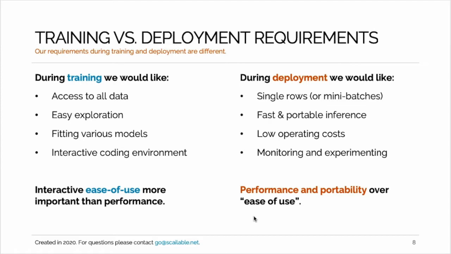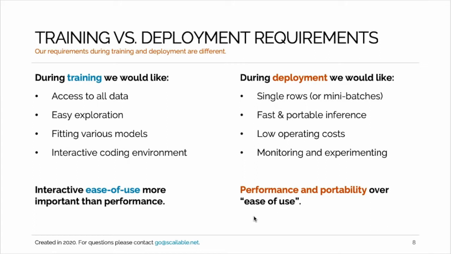Adding to this, there are also very different requirements when training a model versus when deploying a model. In training, you would like to have access to all the data available. You want to quickly iterate over multiple models. You want to do predictions for pretty much all of your data set. And in some ways, you want ease of use in developing your models.